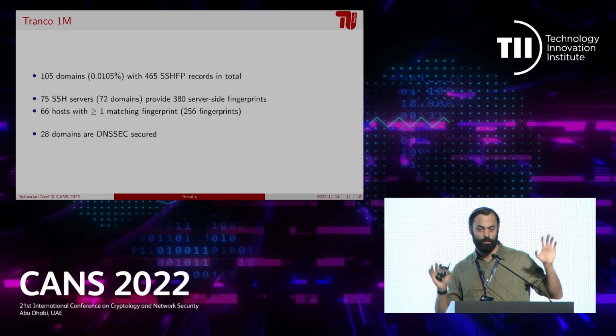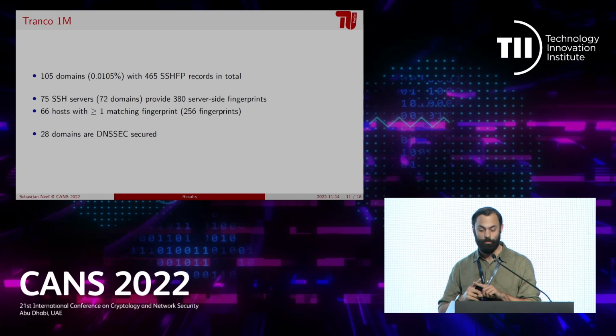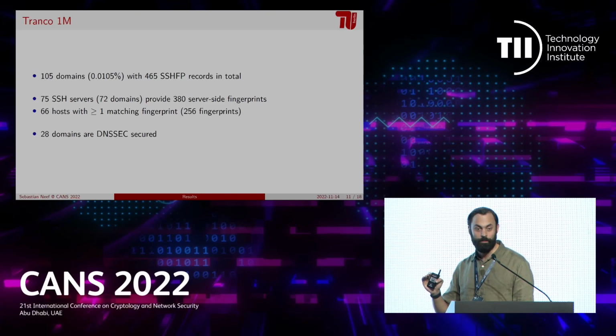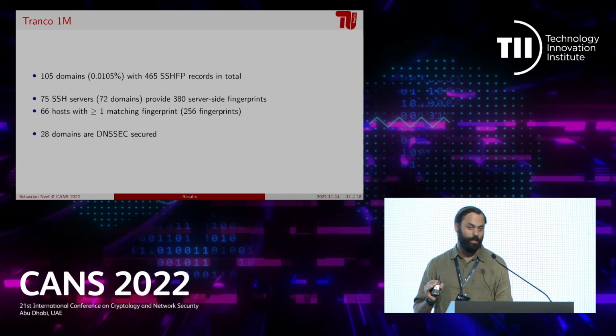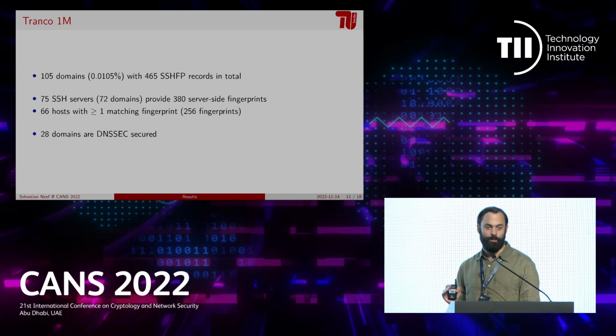So DNS, server-side, at least one match. And then, mapping back those matching hosts to their domains, we find that only 28 are DNSSEC secured. So according to the standard, if you would like to use SSHFP records, you have to securely transport them. So only 28 domains are applying the standard correctly.